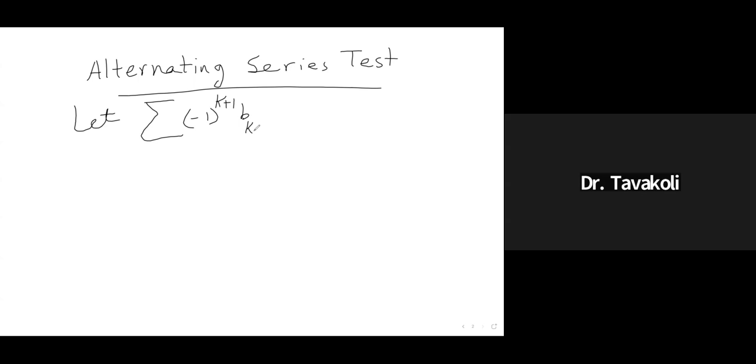And these bk's are positive. But -1 to the power of k plus 1, depending on k, is sometimes positive, sometimes negative, which makes this series an alternating series.